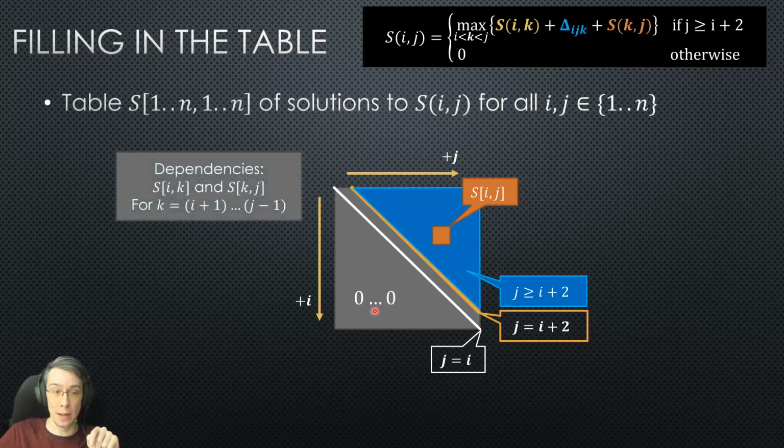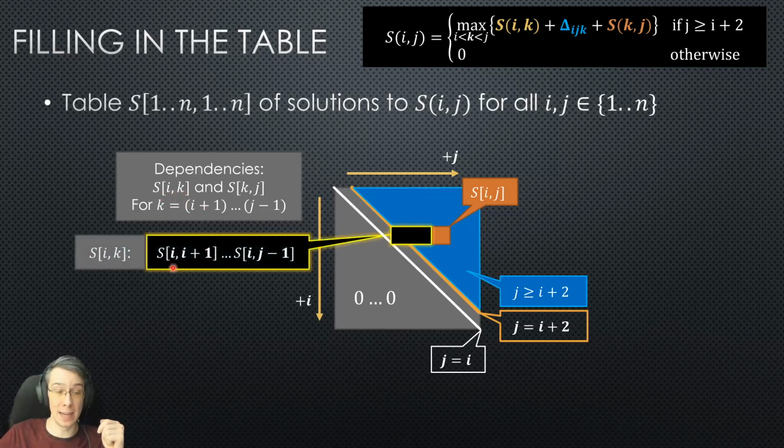Well, the dependencies for S_ij are going to be S_ik and S_kj for all the different k. And what are the k values? It varies from i plus 1 up to j minus 1. So let's think about these two expressions, S_ik and S_kj, for all these different k values. For S_ik, k starts at i plus 1. That's S_i,i+1. And it goes all the way up to j minus 1, so S_i,j-1.